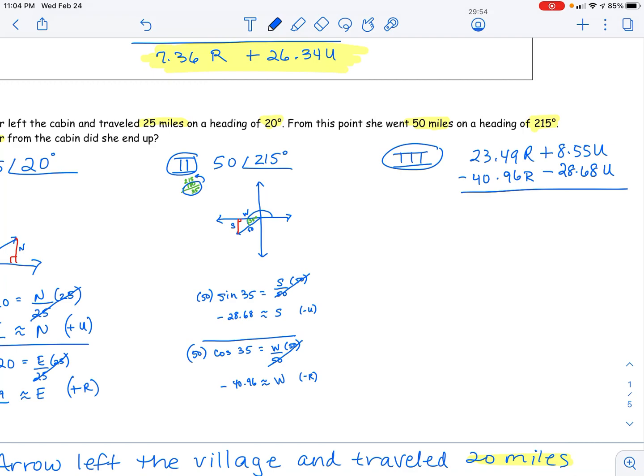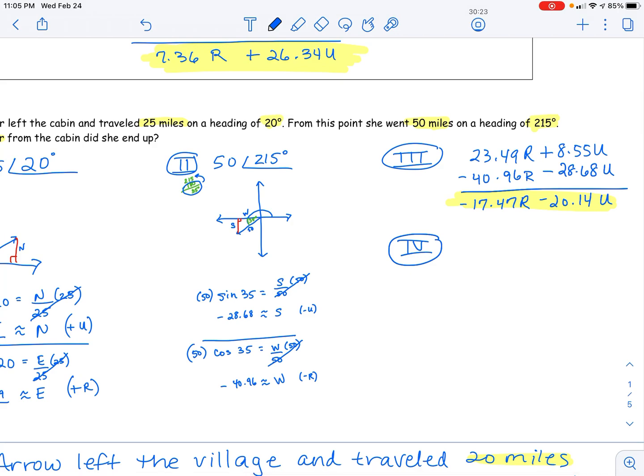And you're going to end up with, put that in your calculator and double check, negative 17.47 R minus 20.14 U. Okay, now that is the correct form for rectangular form, but now let's translate that into geographical directions, and that would be the last thing we would do here.